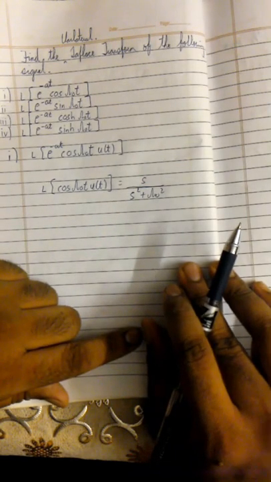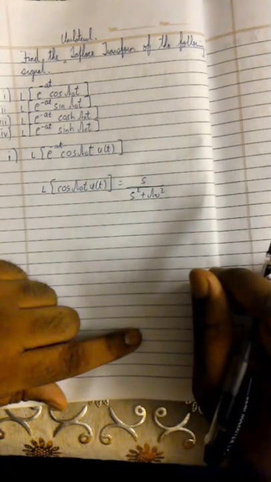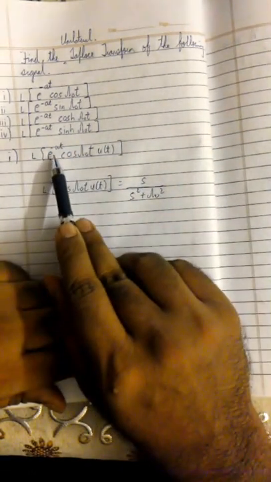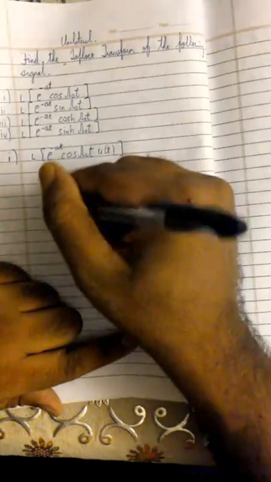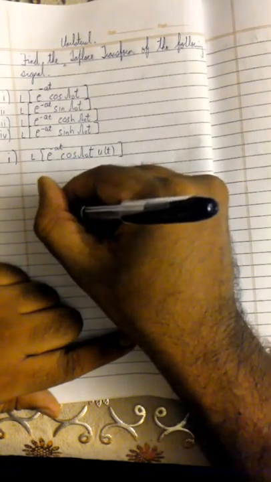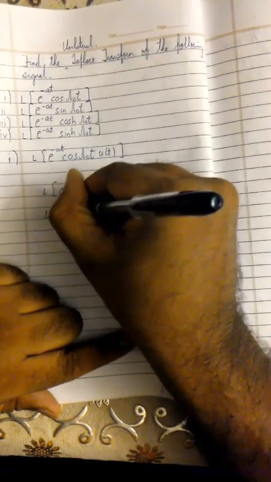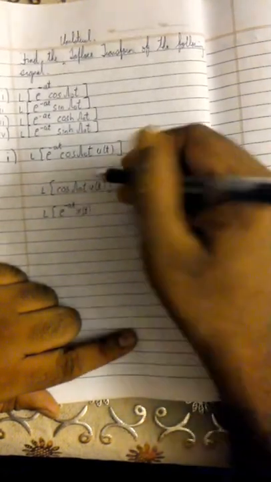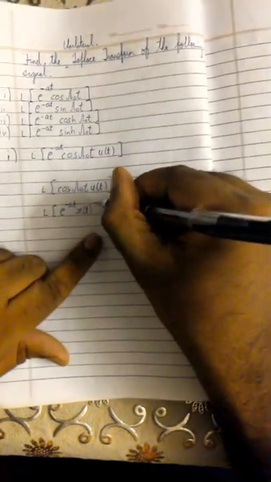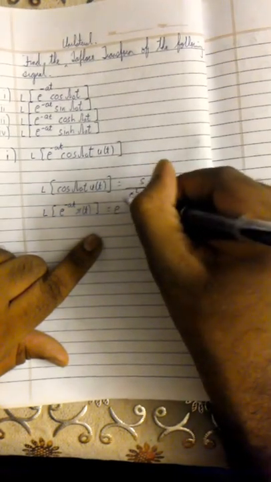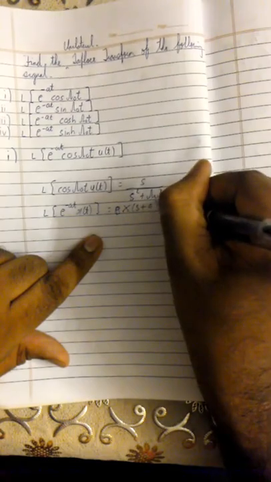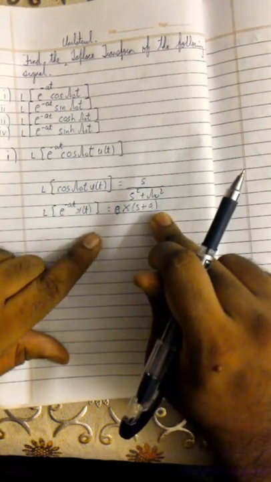In that case, applying the frequency shifting theorem, here it is multiplied by e raised to minus at. We know that according to the frequency shifting theorem, the Laplace transform of e raised to minus at x of t is equal to x of s plus a.